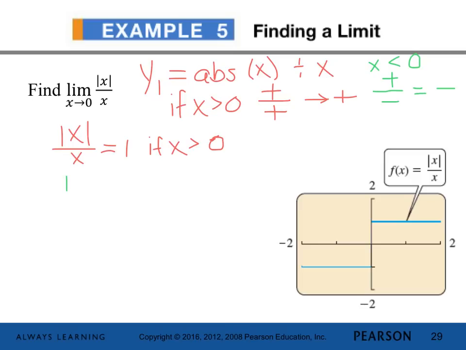So this expression, the absolute value of x divided by x, will always equal -1 if x is a negative number. So that's why when you look at this graph, for any number, the value of y is going to be +1 as long as all those numbers are positive, but it's going to be -1 for any number that is negative.